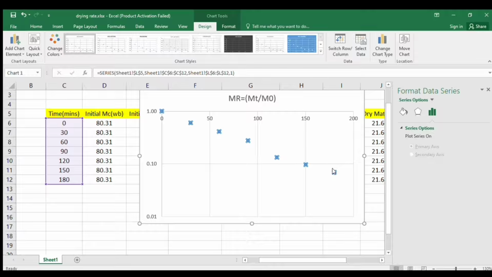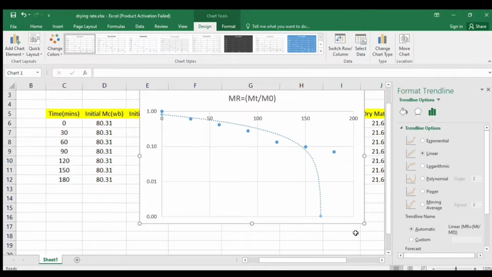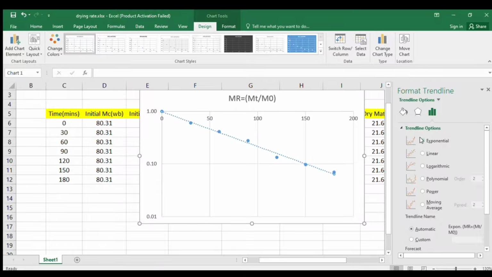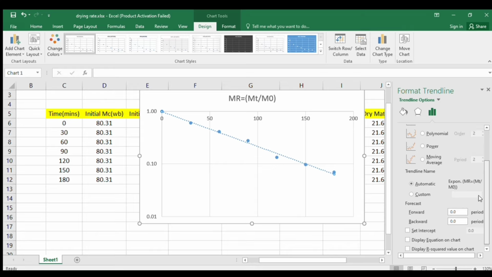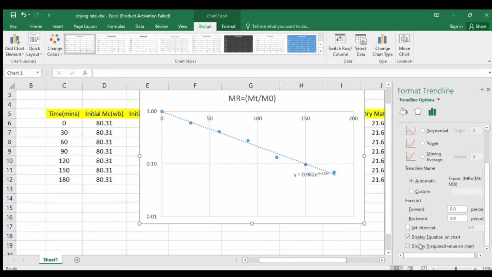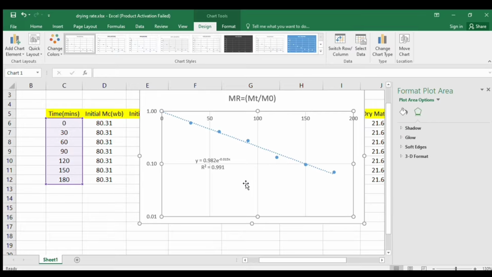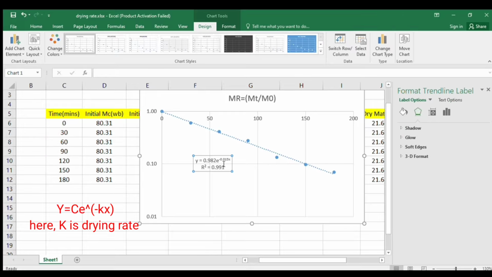Then I will add a trend line, which will look like this, but we need this in exponential. Then it will look like this. We need the equation and the R square value. Now you can see that the value looks like this. So this 0.015 is the drying rate constant.